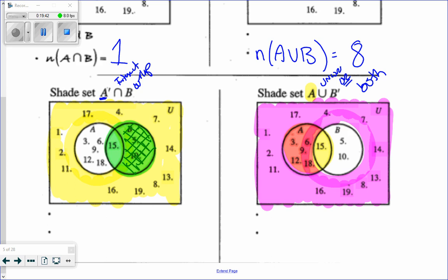If it's got color, it's part of the union. So all of these numbers are part of the answer. The only numbers that aren't included are 5 and 10. So and is two colors. Or is anything that's colored.